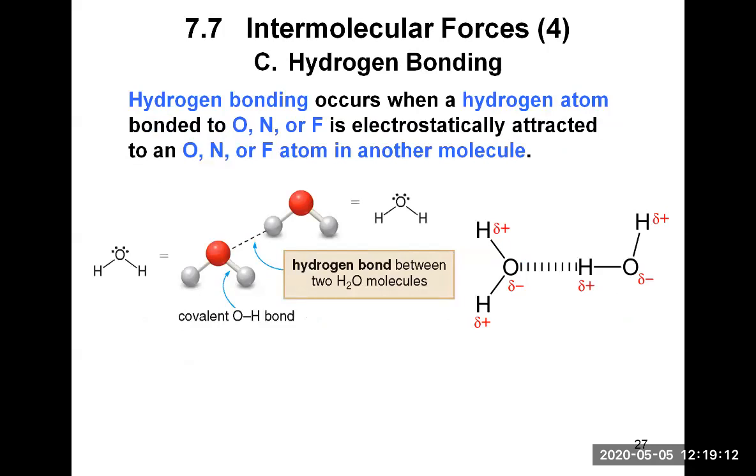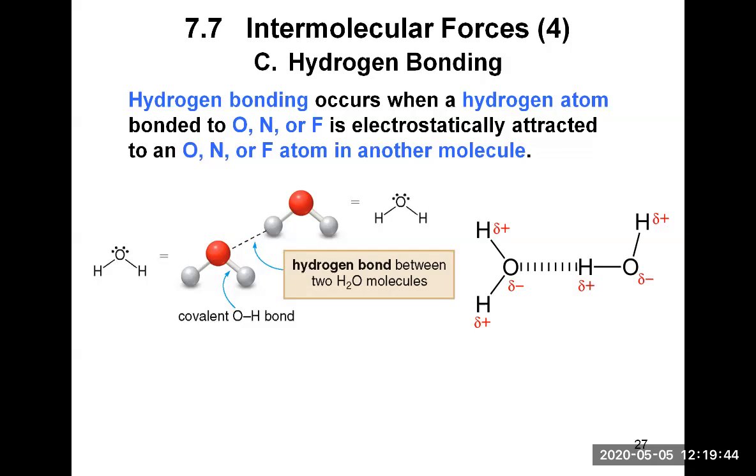So the third intermolecular force is hydrogen bonding. Don't be fooled by the fact that it says bonding. It's an attraction, it's not an actual bond. So hydrogen bonding occurs when a hydrogen atom is bonded to an oxygen, a nitrogen, or a fluorine, and is electrostatically attracted to an oxygen, a nitrogen, or a fluorine atom in another molecule, right?